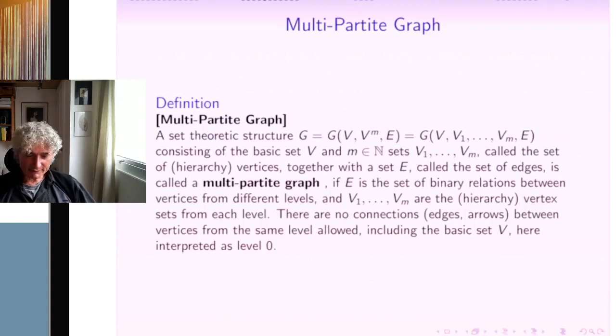A multipartite graph is a set-theoretic structure G, which now has a basic set V. It has now m different level sets Vm, and it has an edge set E. And now you say that you have never any relationships among elements of V and among elements of Vm. So this exactly now defines you the multipartite property of the multipartite graph.